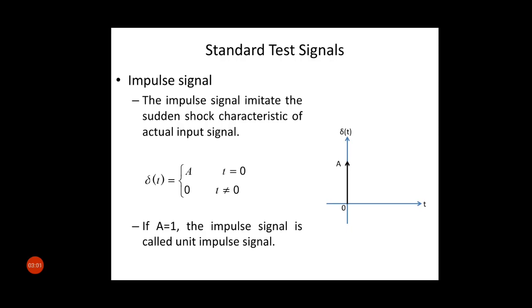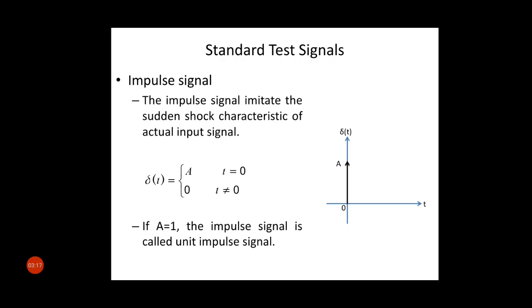So this δ(t) is nothing but an impulse at t equal to 0.